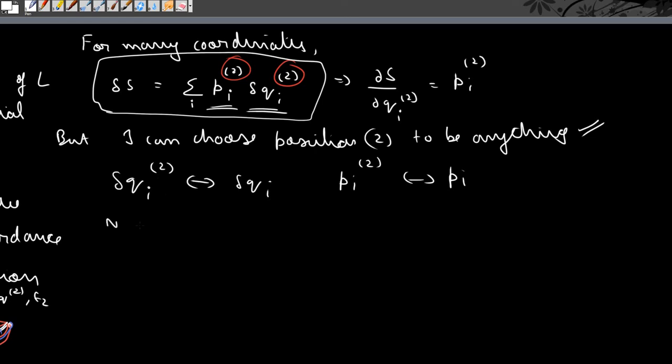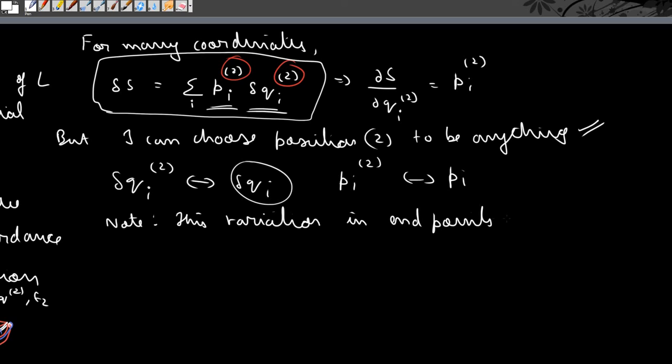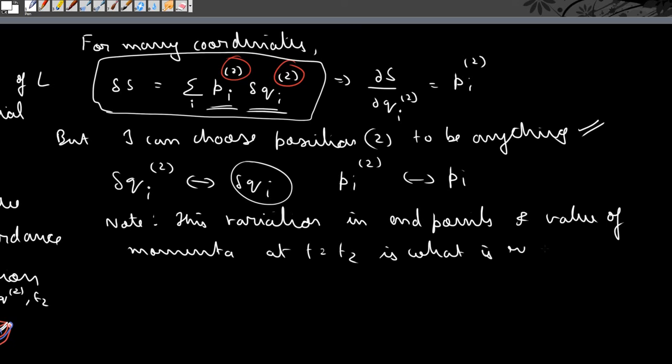But we have to always keep in mind the following thing: this variation in endpoints and value of momenta at t equal to t2 is what is represented by del qi and pi.